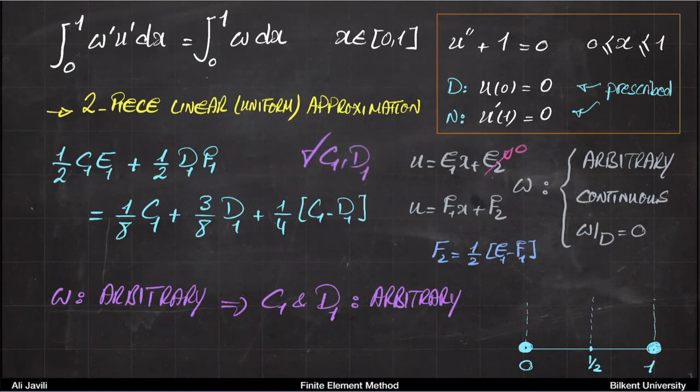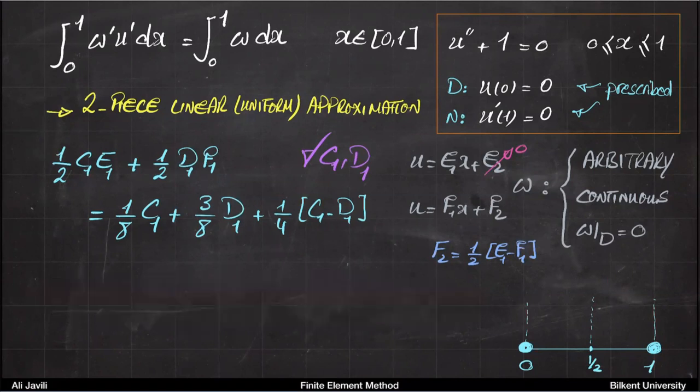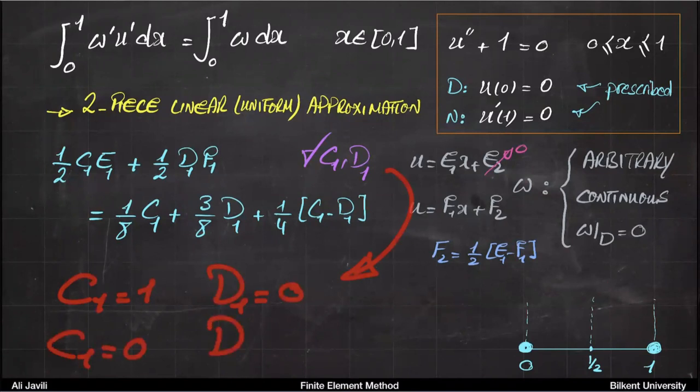And that changes everything. That changes everything, because now, it depends how you want to look at it, but one simple way of looking at it is to pay attention that, for instance, you can imagine that one of them is 0 and the other one is not. So if it holds for any C1 and D1, it would also hold for C1 equals 1, D1 is 0, and then C1 is 0, and D1 equals 1.